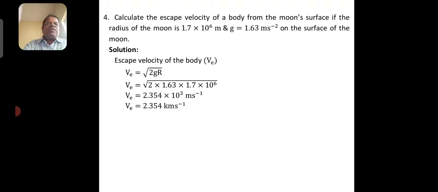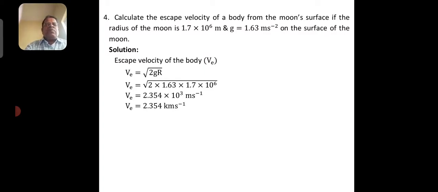Calculate the escape velocity of a body from the moon surface if the radius of the moon is 1.7 into 10 to the power 6 meter and acceleration due to gravity 1.63 meters per second square on the surface of the moon. Escape velocity of the body v equals root 2gr.